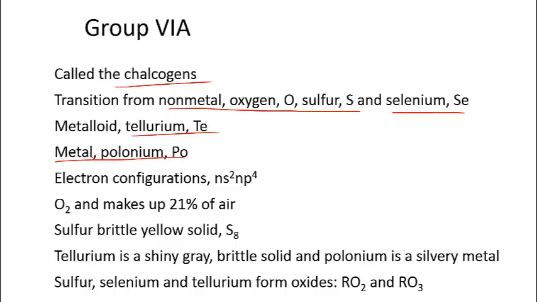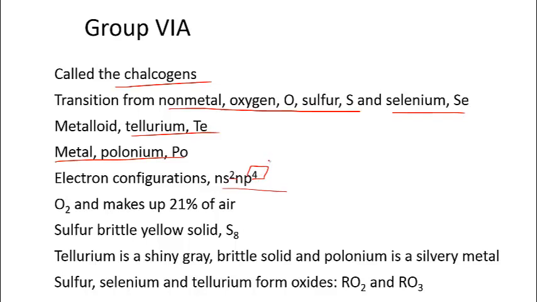They all have electron configurations in the form ns2 np4, meaning their outer s subshell is filled with 2 electrons, and they've got 4 electrons in their outer p subshell.